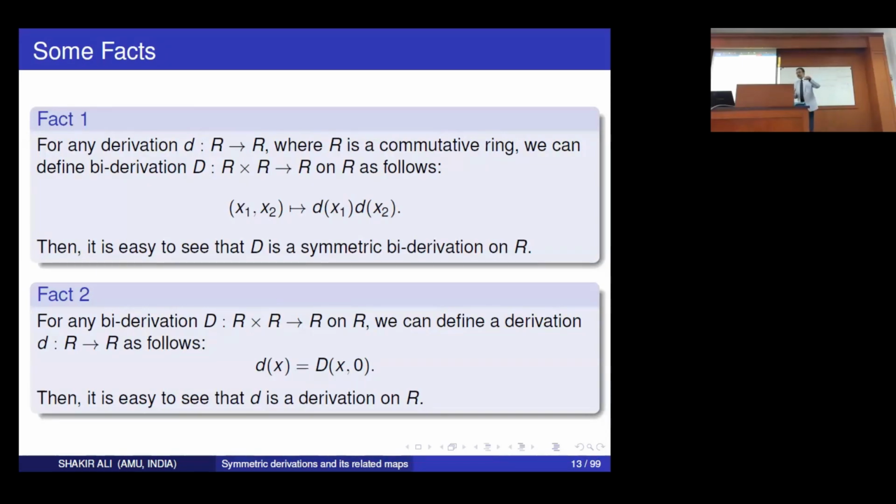Because D is a derivation, we are going to write D of x1, D of x2, then D of y1, D of x2. A derivation is like an arbitrary operation.